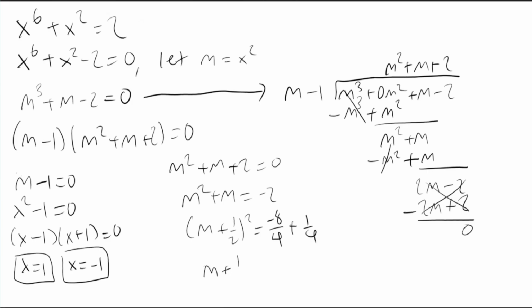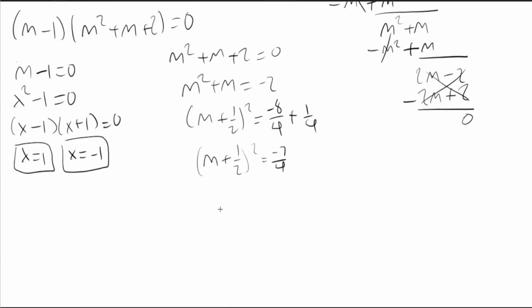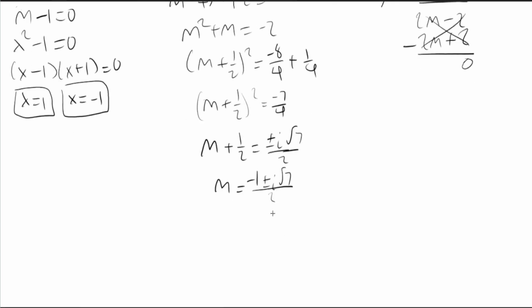So m plus 1/2 squared is equal to negative 7 over 4. Now we see m plus 1/2 is equal to plus or minus i root 7 over 2. So m is equal to negative 1 plus or minus i root 7 over 2.